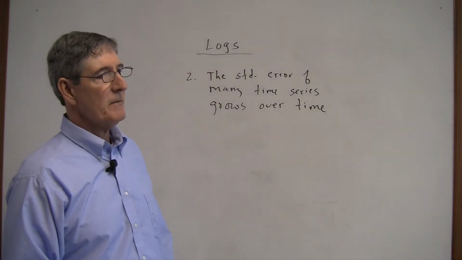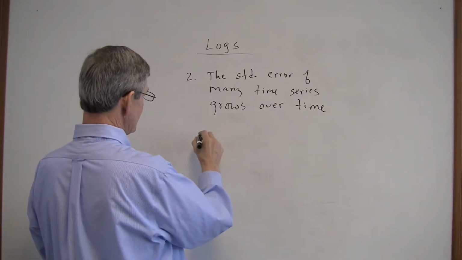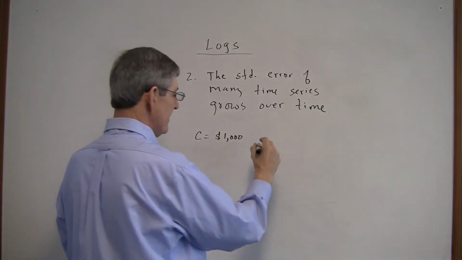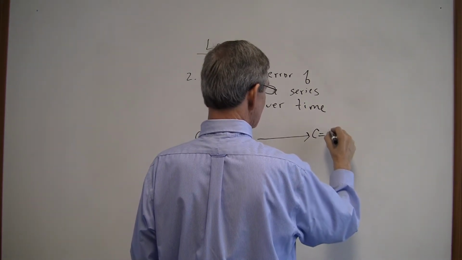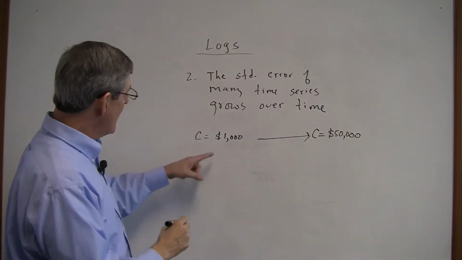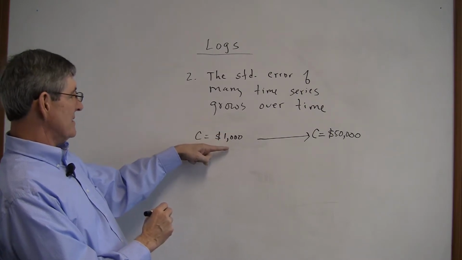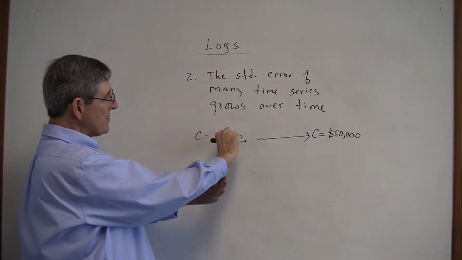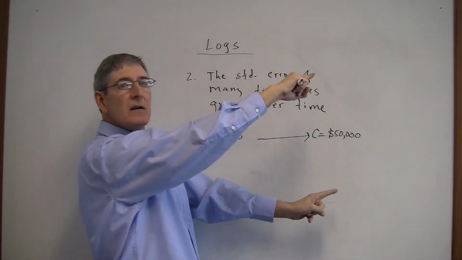So imagine an economy that over the course of, 100 years maybe, who knows, starts with consumption equal to 1,000 way back when for some time period. And over time, consumption grows to 50,000. Become a much richer country over time. The variance in consumption over time here, it really can't go below 0, and it can't go much higher. It could go a little. The variation in consumption here around this 1,000 would be much smaller than the variation here.